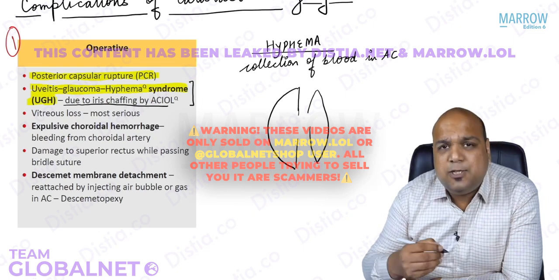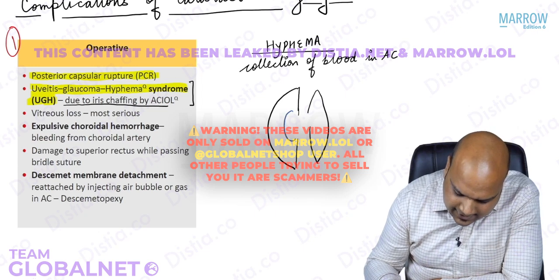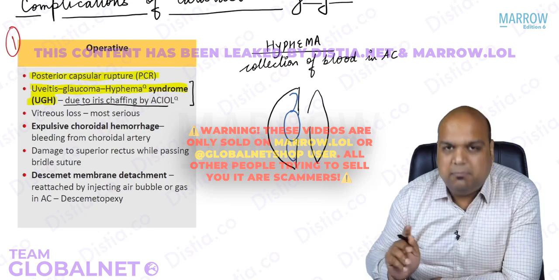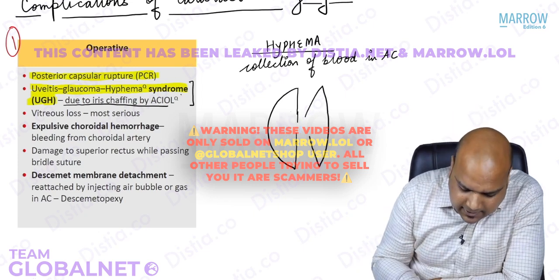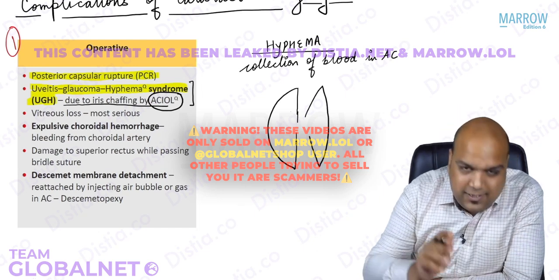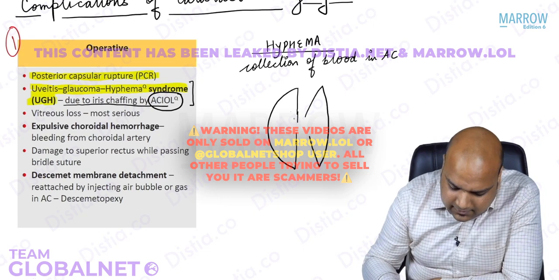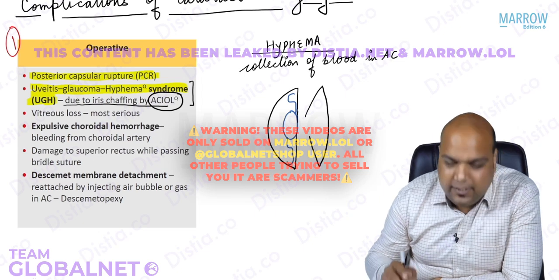That means in this case, due to some reason, whatsoever that reason may be, the IOL has been implanted in the anterior chamber. If you understand, this is a complication by ACIOL. That means whatsoever the reason may be, an ACIOL, anterior chamber IOL, has been implanted in this patient.